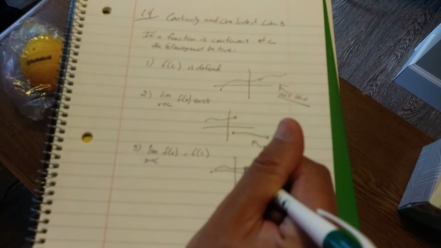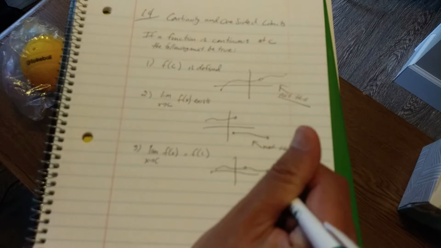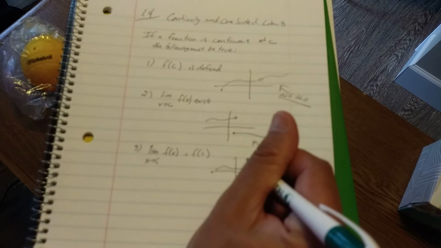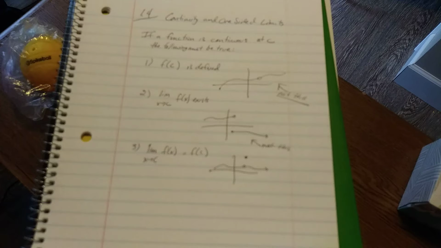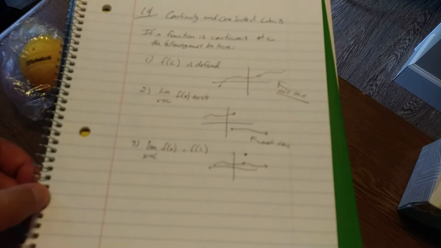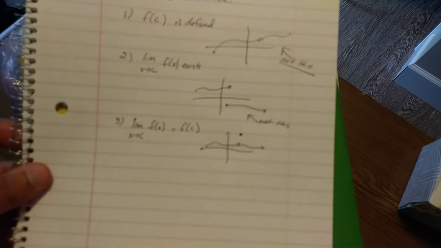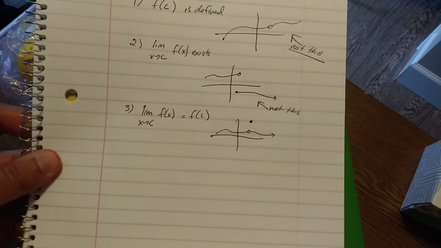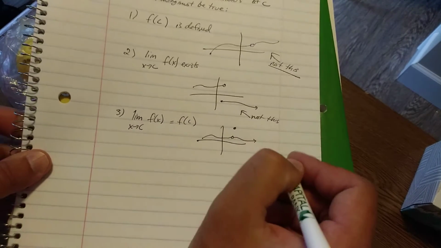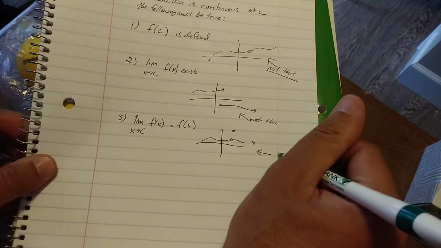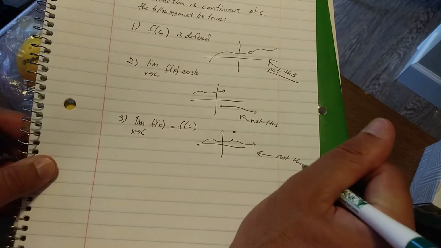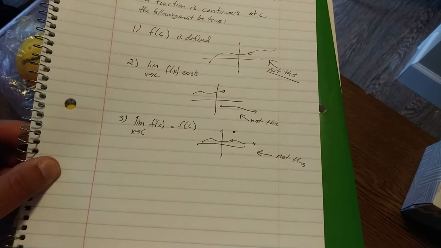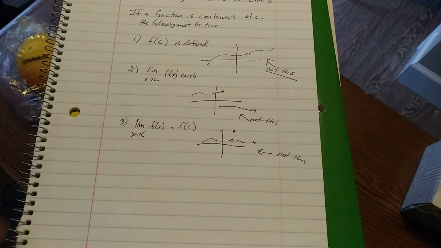You're chugging along, you got a gap, and it's defined somewhere other than where it's supposed to be, where the limit is approaching. Alright, not this. So those 3 conditions must be met in order for a function to be continuous.